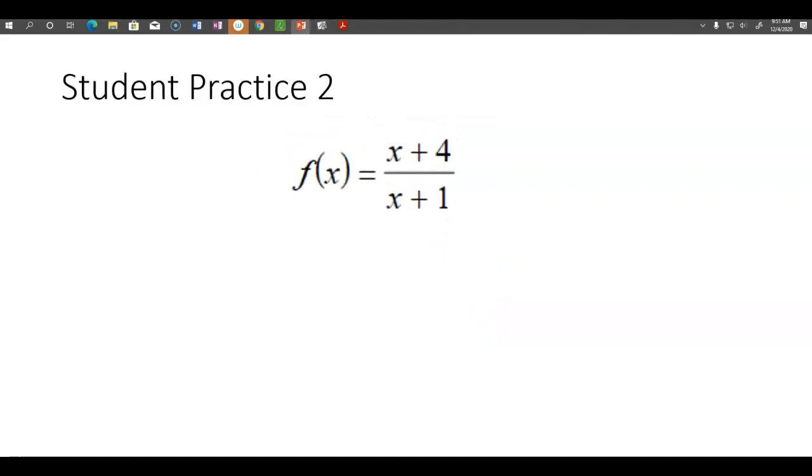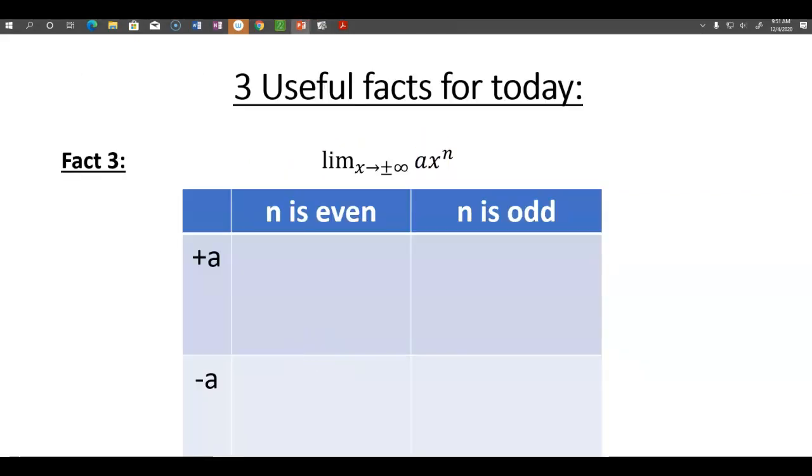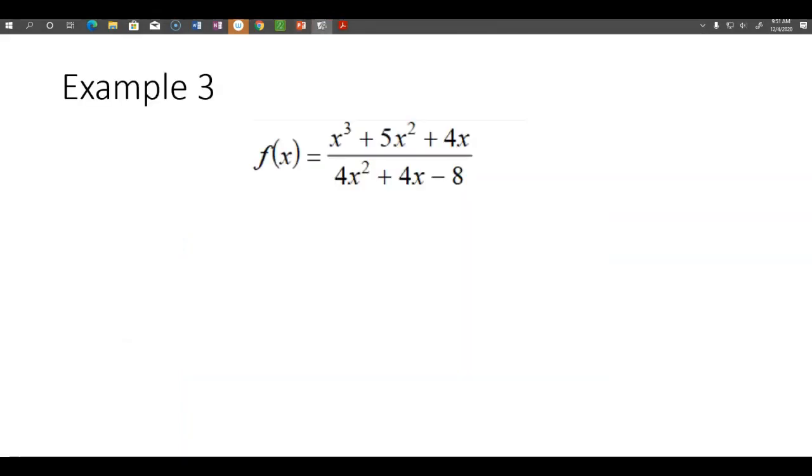And then finally, we looked at this last situation, which is where you end up with something that looks like this. And in that case, you're going to need to remember your end behavior for polynomials and how to tell whether it's positive infinity or negative infinity. Okay? And so that happens anytime the power on the top is bigger than the power on the bottom.